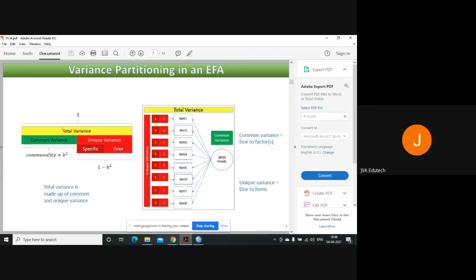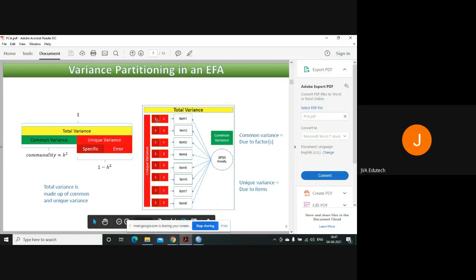If you look at this figure, here also there is a total variance, and in all the items they share a common variance. But if these items could be further explained by some unique variances, then it will become a case of EFA.